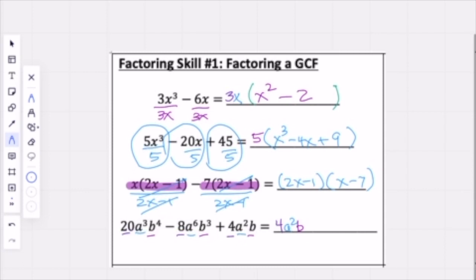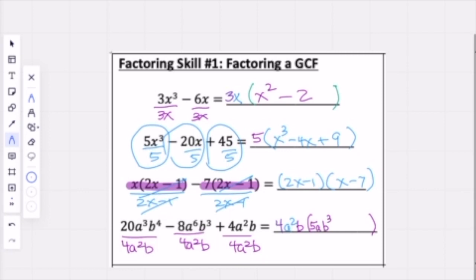All right. So now let's go ahead and divide each of those terms by what we've identified as our GCF, 4a squared b. All right, and open up that set of parentheses. So notice that when we divide this 20a cubed b to the 4th by 4a squared b, we have 5a b cubed.